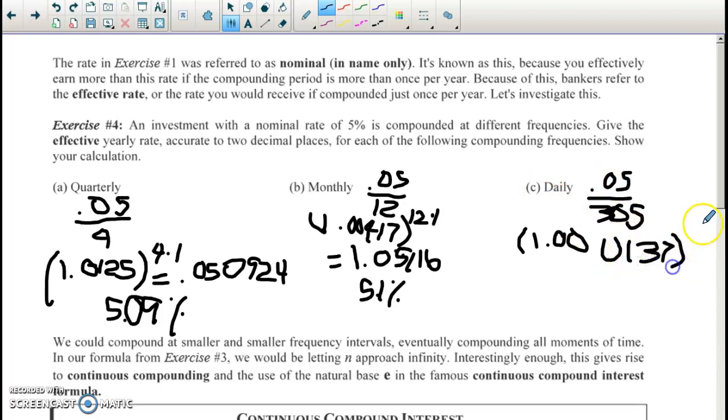But again, now you're raising it up to 365 times for this year. So 365 times 1. And now I end up with 1.05126, which would be 5.13% for the year.